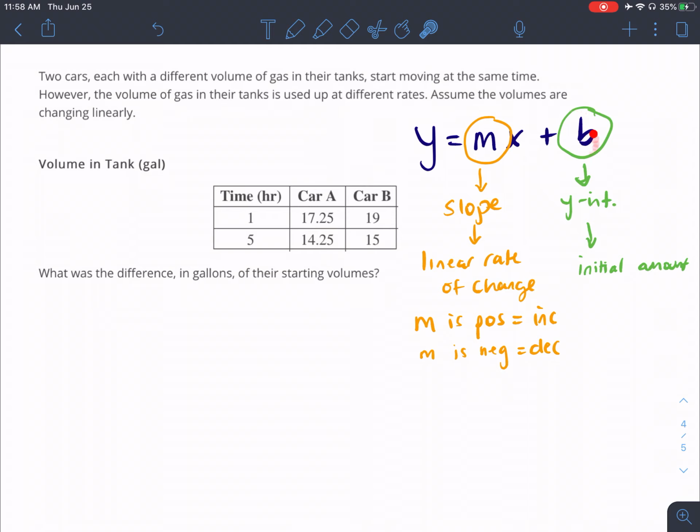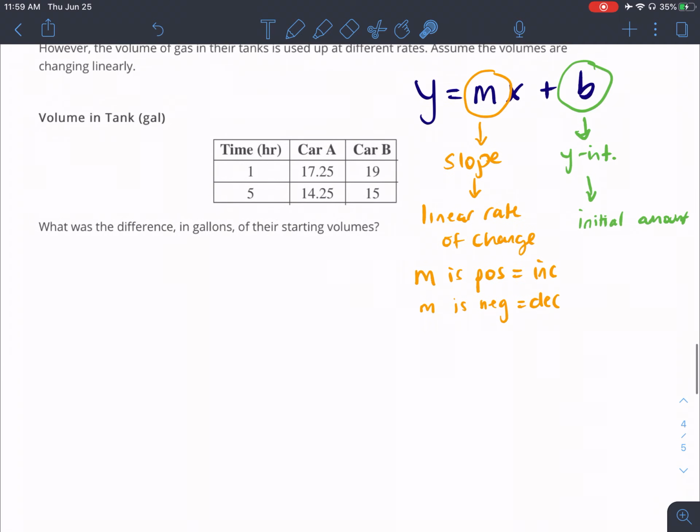And if we can find the b for car A and the b for car B, then we can just compare them and subtract them, and that will give us our solution, okay? So what we need to do first is find the linear function for how car A's gasoline is changing per hour, and then how car B's gasoline is changing per hour, okay?